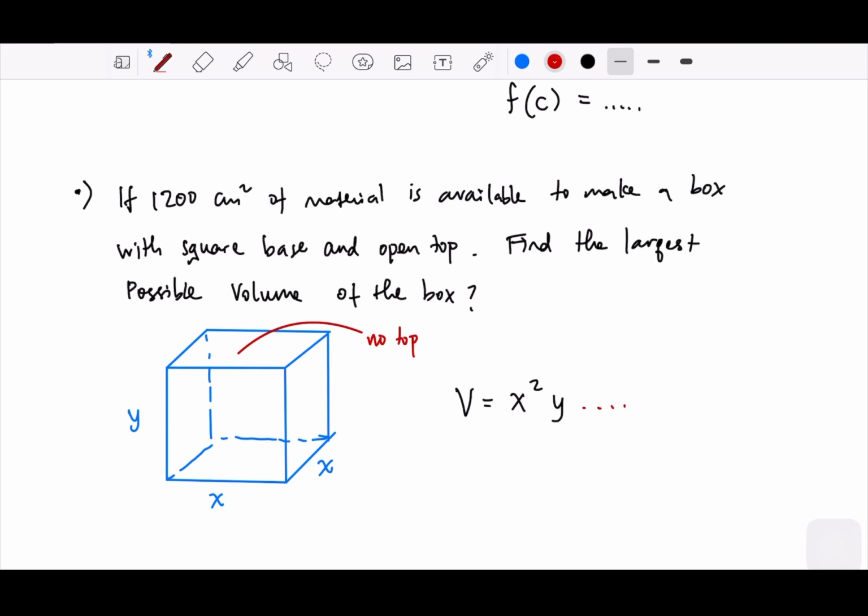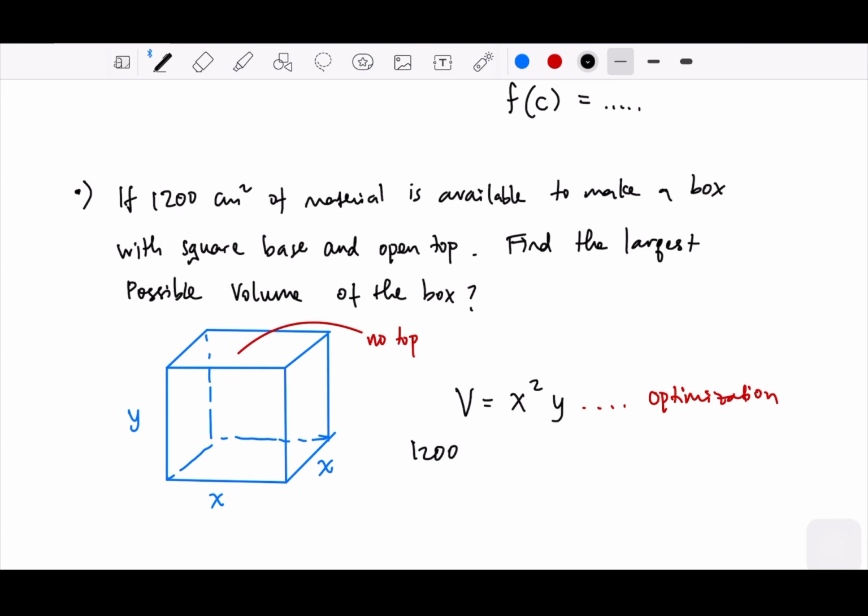We call this formula, for our case here, our optimization, right? And we have some restriction. We have the restriction that 1,200 should be our constraint, the total materials that we have, the total area. The area of this box, we can think x, y, all these 4xy plus the x squared, that will be our area.